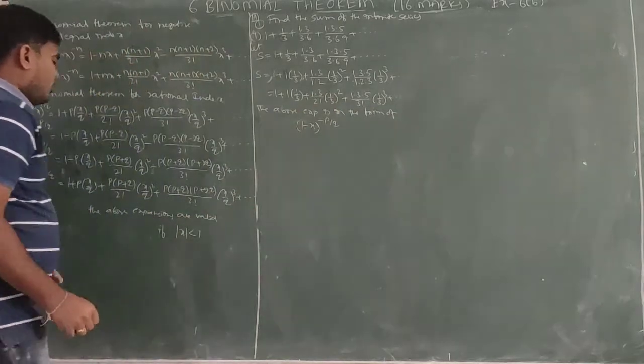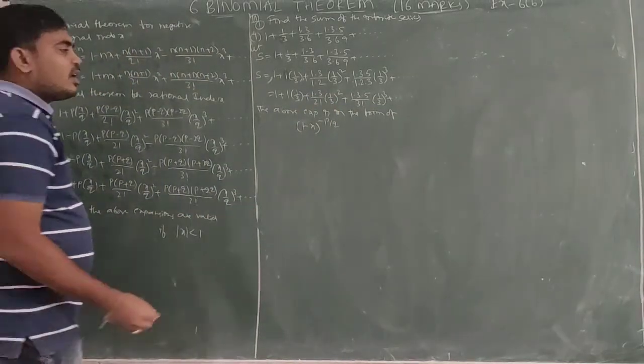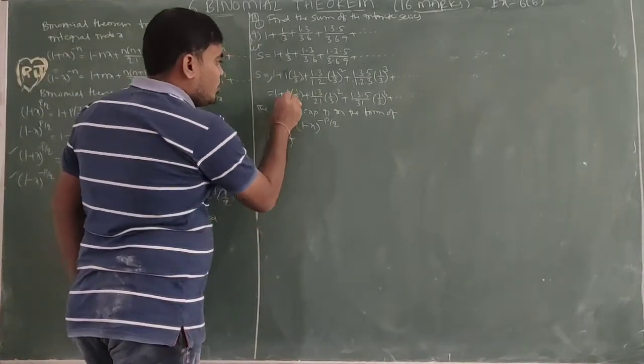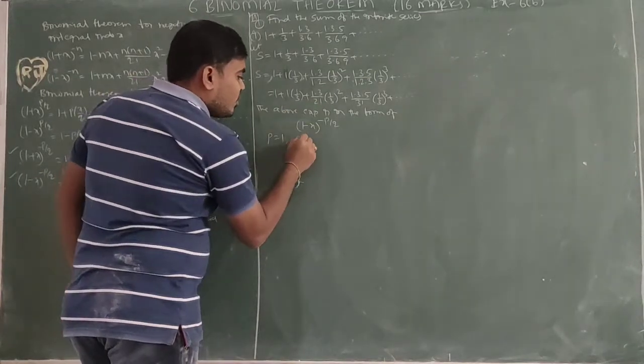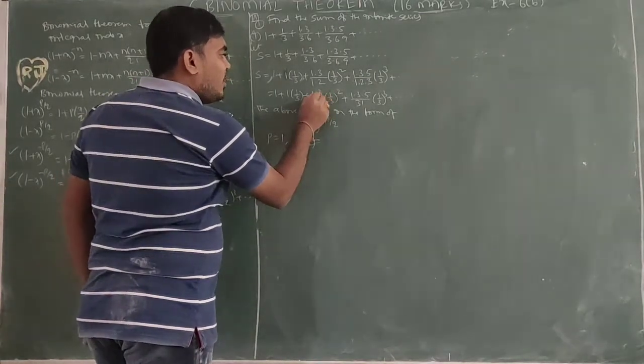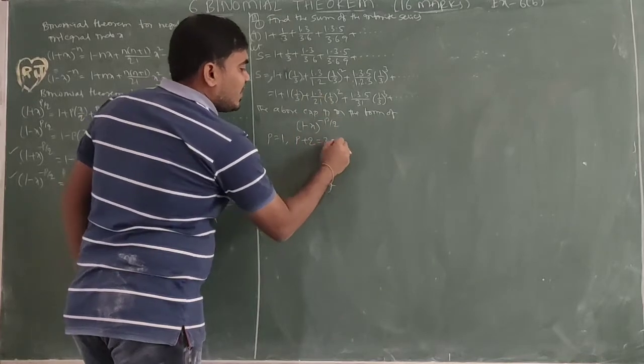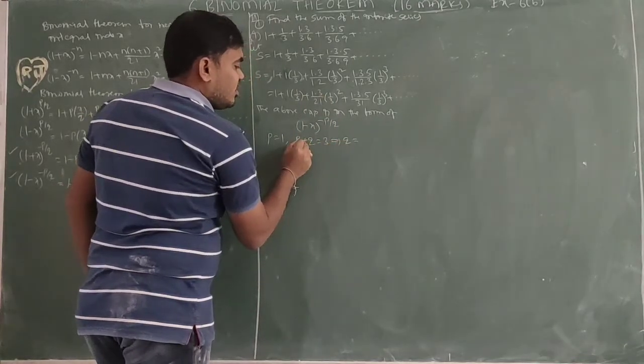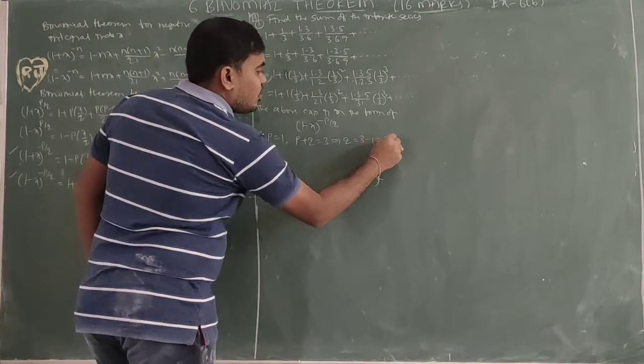Compare: p equal to 1, p into (p plus q) equal to 3, which implies q equal to 3 minus 1, which is equal to 2.